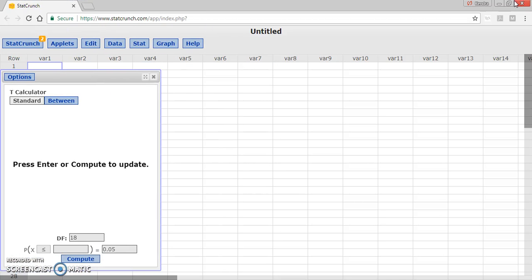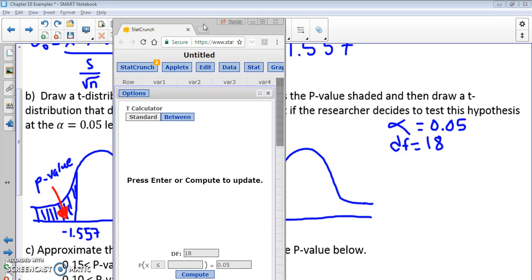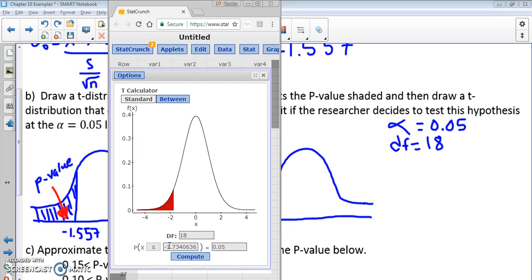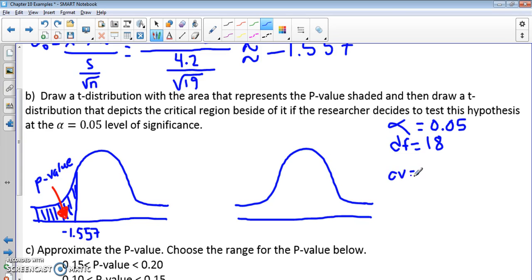So, oops. I'm going to hit compute here, and then there is my critical value. So my critical value is negative 1.734. So negative 1.734 is my critical value.